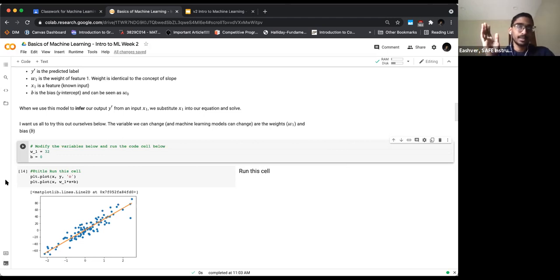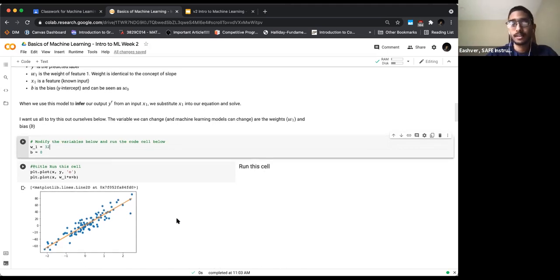You can't make a line that fits this point and also this point as well. You just have to put it in the middle such that their distances would be lower than if it was going directly to an outlier.